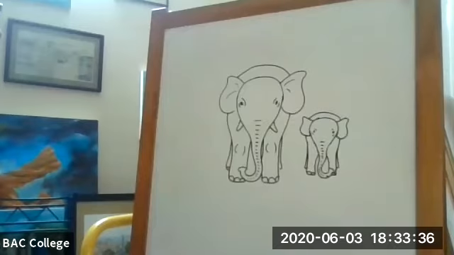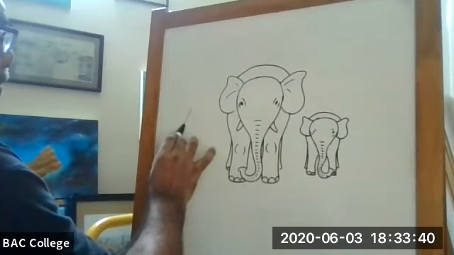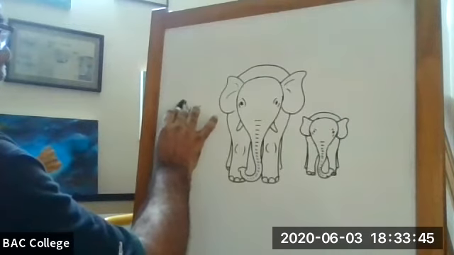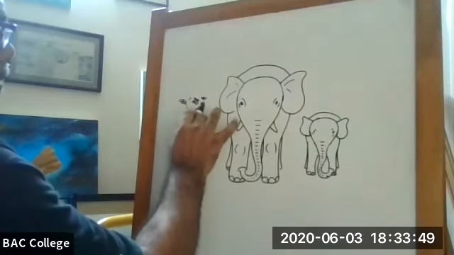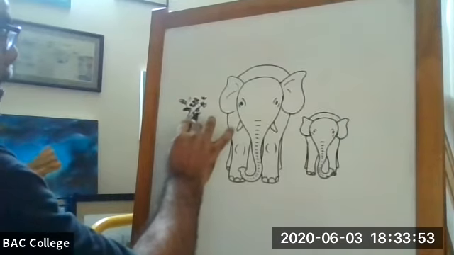Okay. And then what you can do is in the far distance, you can draw a tree like so. You can draw a couple of branches over here.